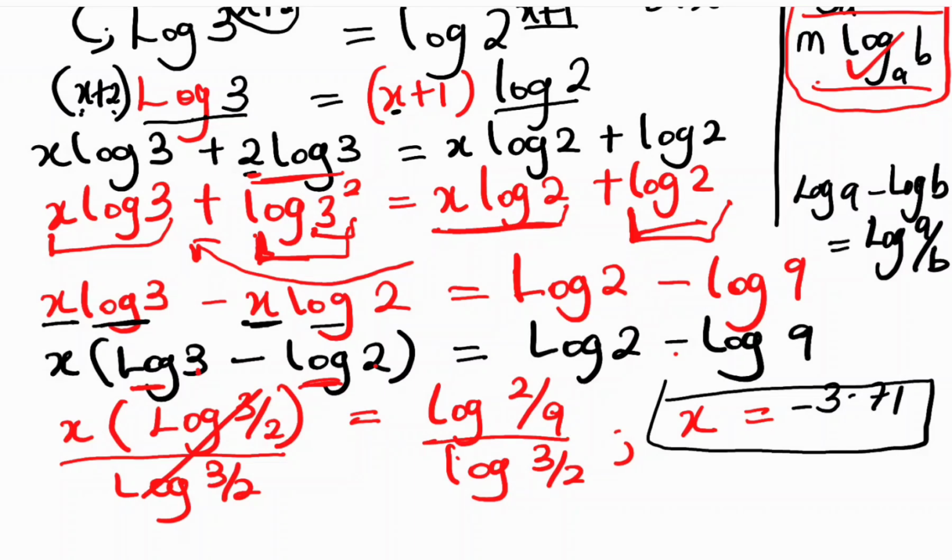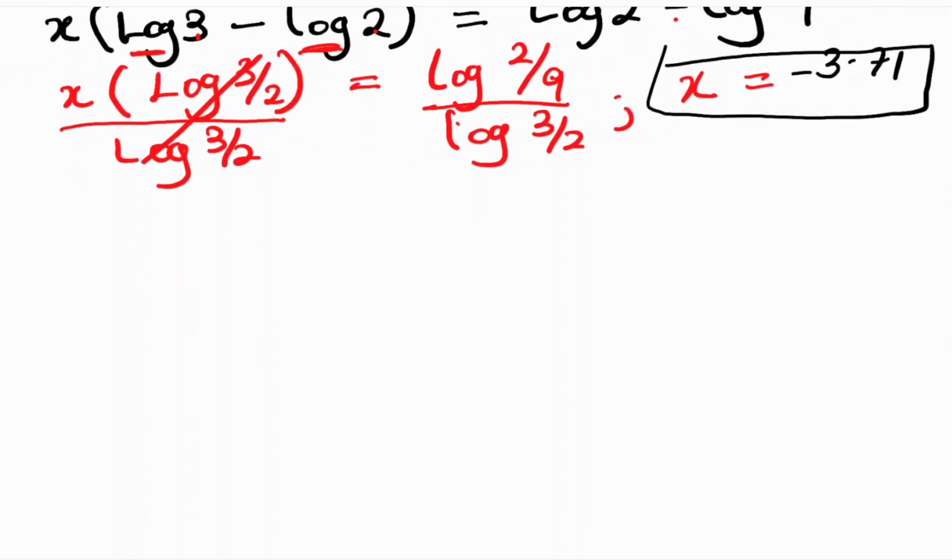But most times it's very, very important that we check whether our answers are right. To check whether our answers are right, all we have to do is to look at our initial problem we solved, which is 3 to the power of x plus 2 is equal to 2 to the power of x plus 1.